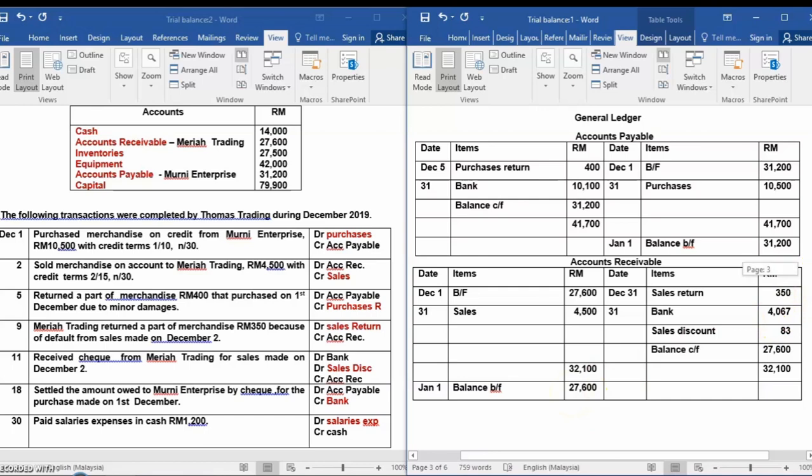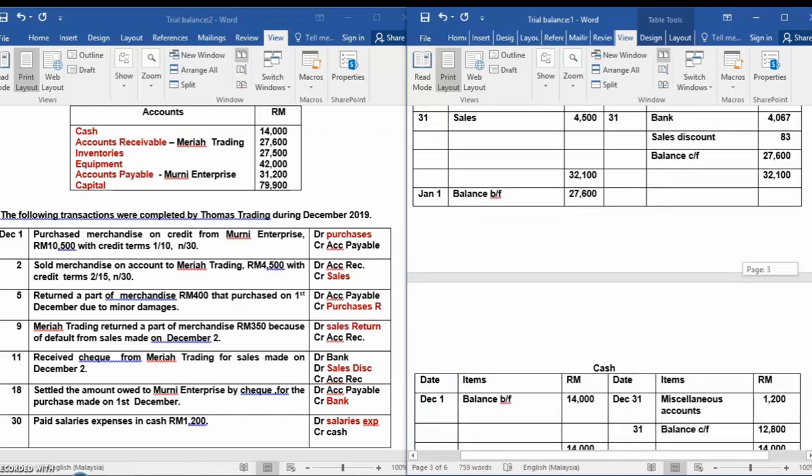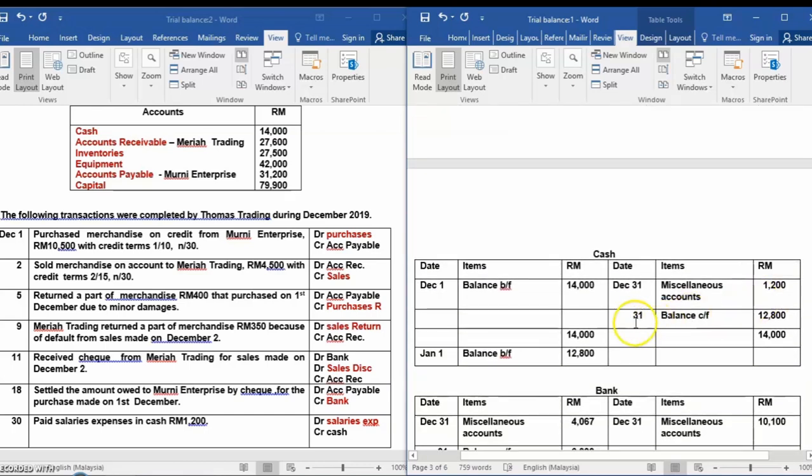So we have to close all the accounts, including cash. So brought forward the balance given in the question, and for the date of 31st December, this one, miscellaneous account, we get the amount from the cash payment journal, or we can refer to the transaction that relates to the cash credit side.